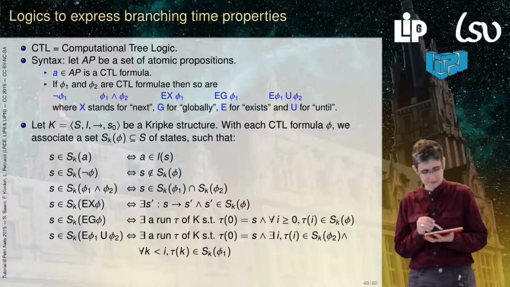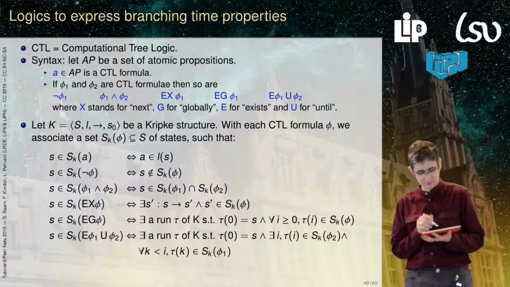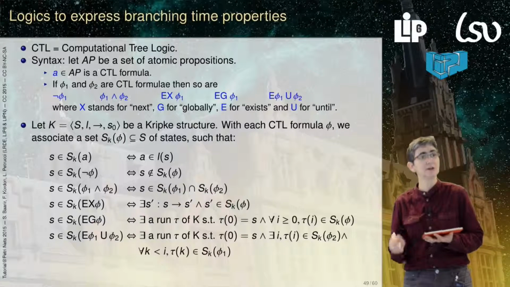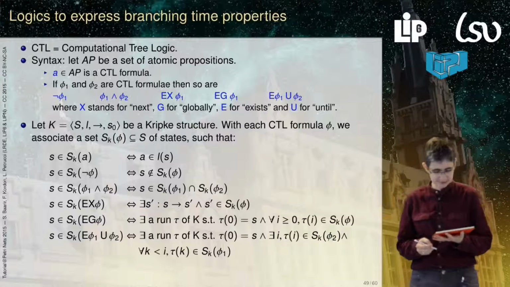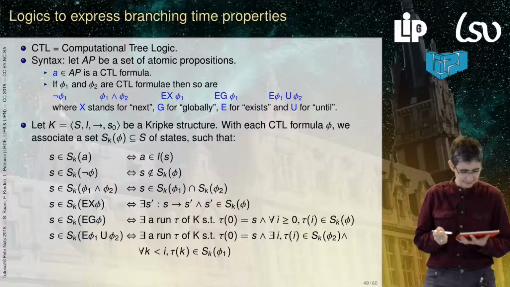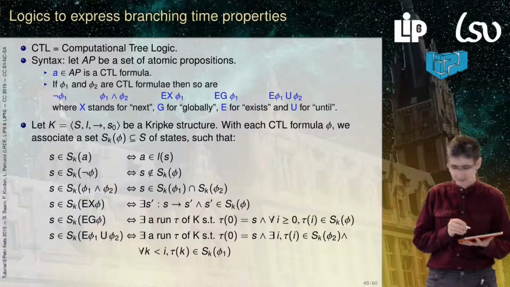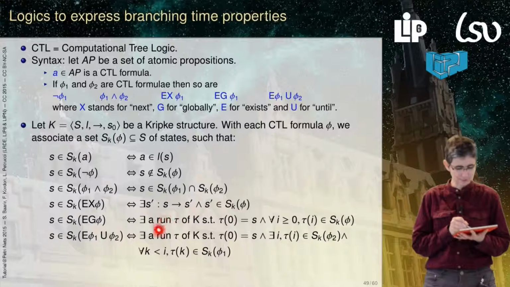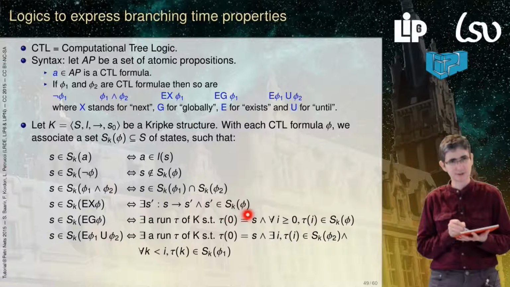It satisfies phi1 and phi2 if it satisfies phi1 and it satisfies phi2, so it's in the intersection of both sets of states satisfying phi1 and phi2. A state S satisfies EX phi if there exists a state S prime that is a next state of S, so I have the possibility to go from S to S prime, where S prime satisfies formula phi.